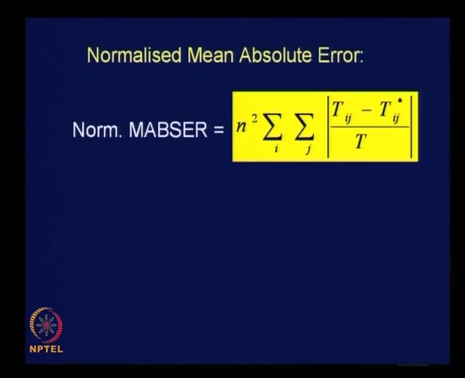Then there is another statistic used for the same purpose, comparison of two sets of data, which is named as normalized mean absolute error. A normalized MAPE, that is how it is abbreviated, is equal to n square into sigma over i, sigma over j of absolute value of Tij minus T star ij whole divided by T. Of course, notation explanations are same as we have seen earlier, there is no difference at all.